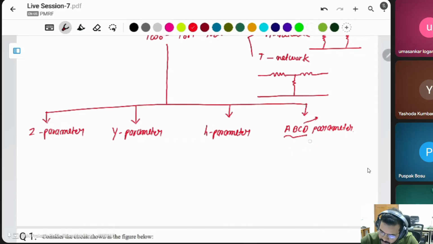Z parameter, this is the impedance model, as V1 and V2, and Y parameter is modeled as I1 and I2.